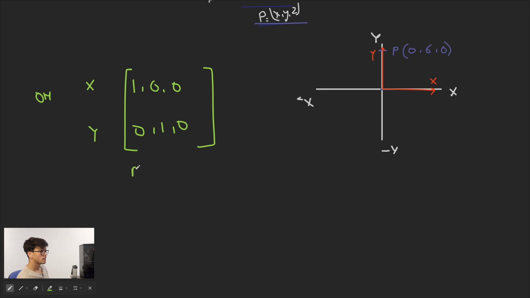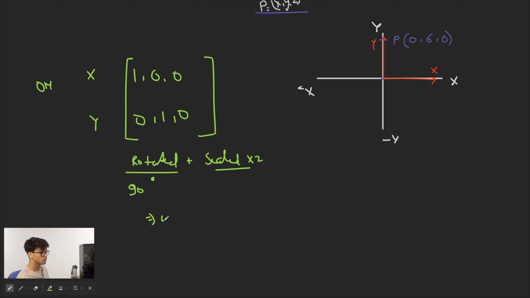Now we rotated plus scaled by 2 and rotated by, let's say, 90 degrees, so we can easily understand this. Scaled by 2. So my question is, what would happen to all those points?